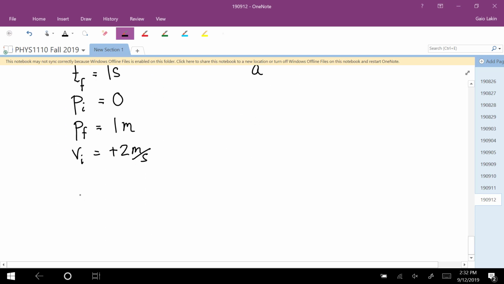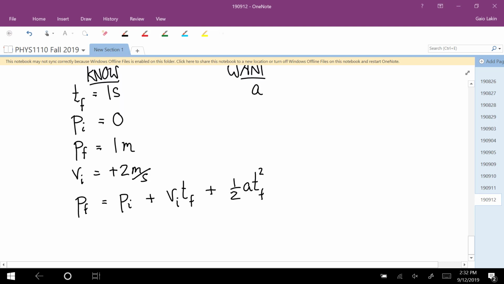Okay, so the equation we're going to use is PF is equal to PI plus VI TF plus 1/2 A TF squared. And we'll just start filling this stuff in. And by the way, for one-dimensional kinematics, I want you to keep the units in your calculations just to see how it works. Later on, you'll be able to skip that step.